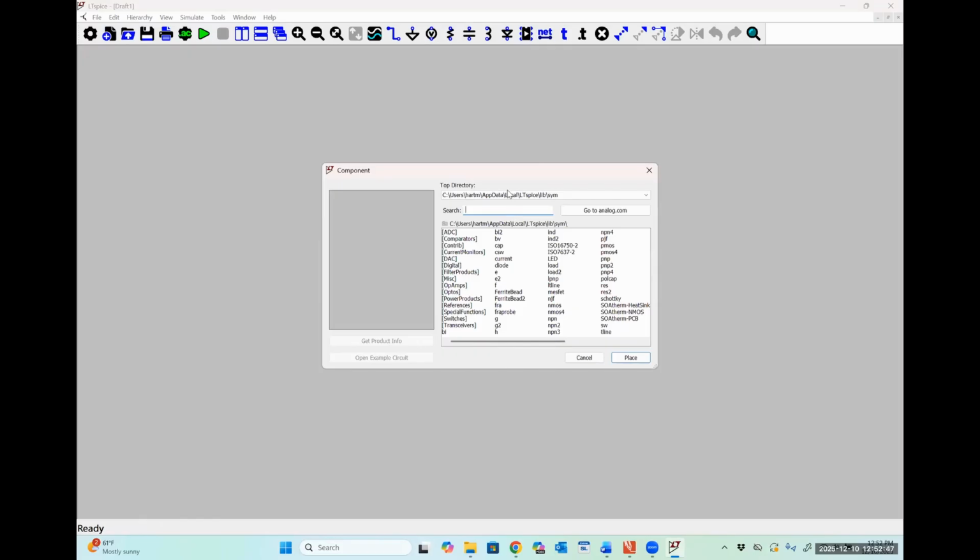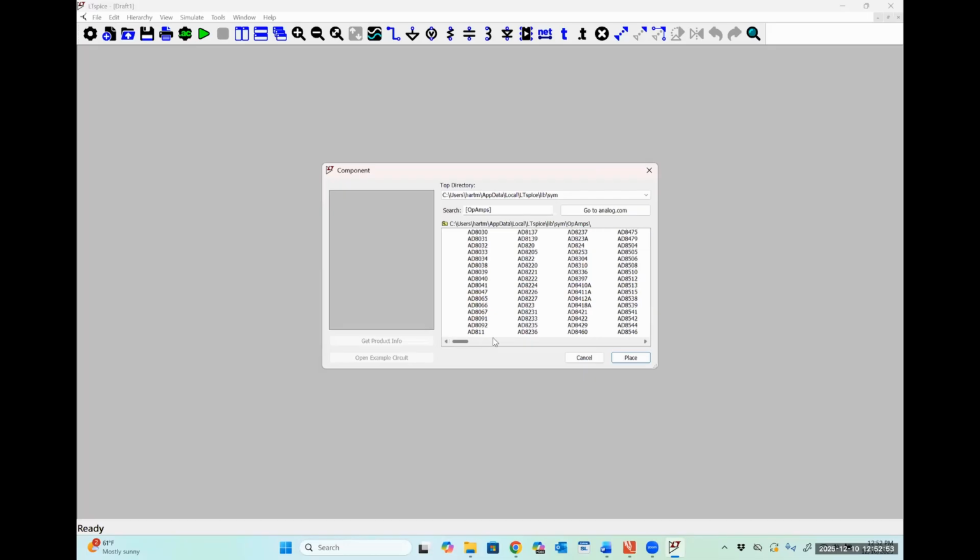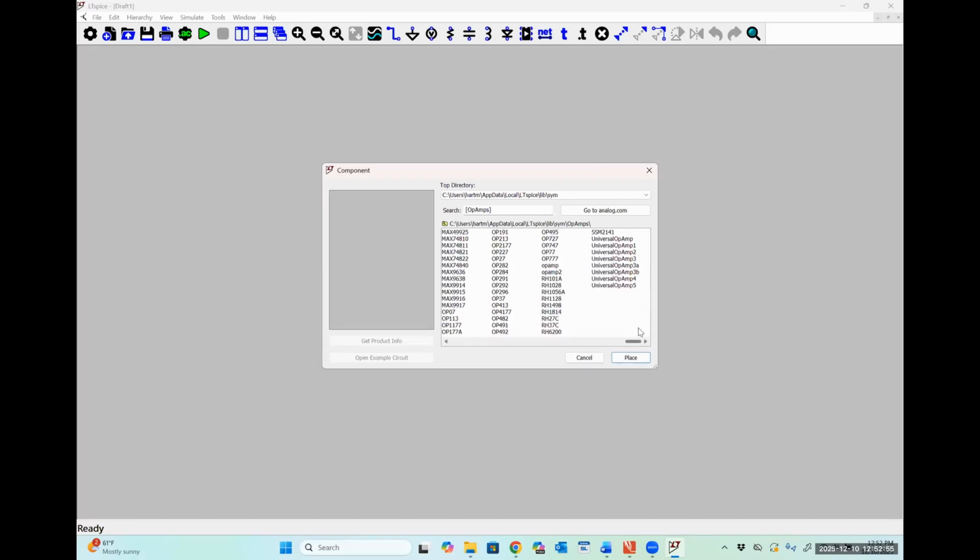And there are lots and lots of op amps that we could choose. Okay, so I'm going to click on this op amp menu right here, and we'll see that there are literally hundreds of different op amps to choose from. Because this particular program is made by Analog Devices, it has practically all of the op amps that they make.